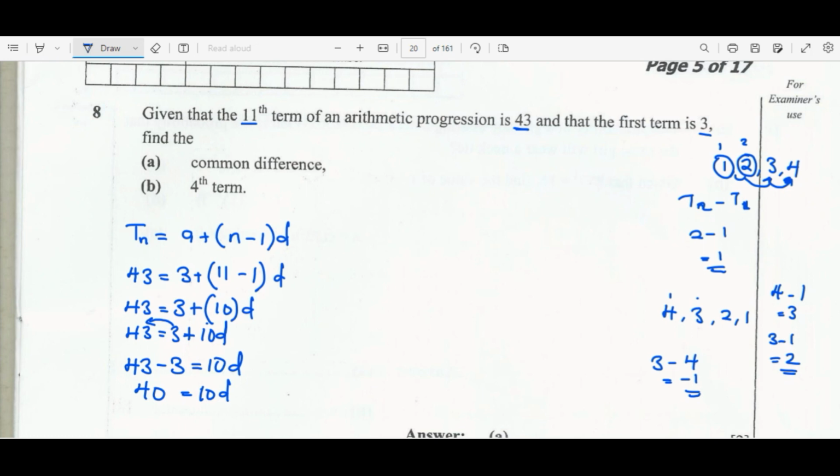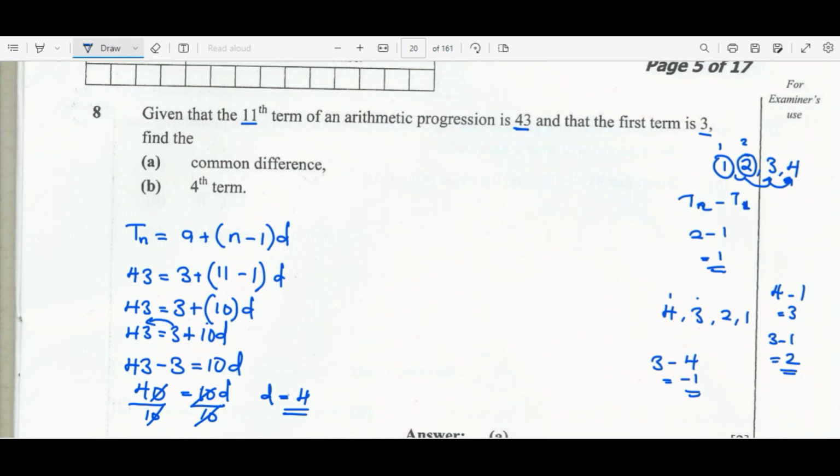If we want d to be solved, we would divide by 10 on both sides. So 10 cancels, and then 40 divided by 10. So d, which is the common difference, is 4. So that is the common difference.